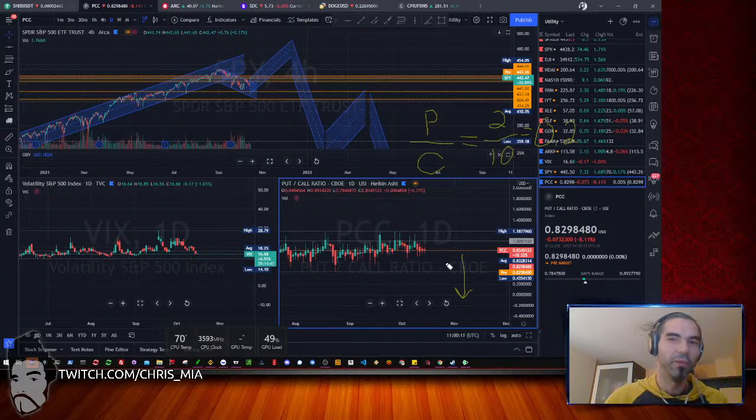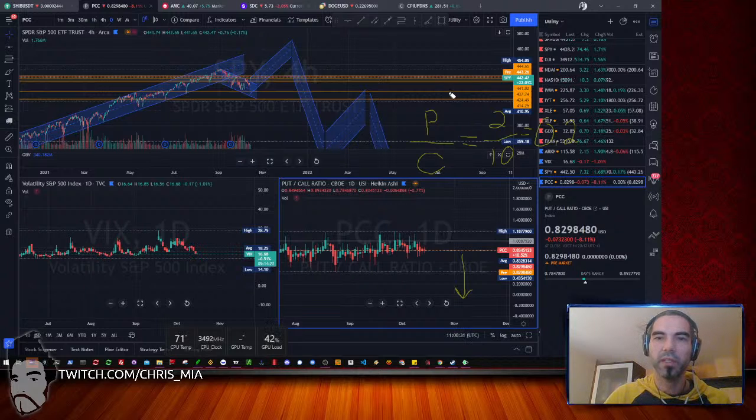So that's kind of the weird thing about the put call ratio. The smaller the number on our decimal, the higher number of calls, meaning calls are long-term sentiments, a stable market.